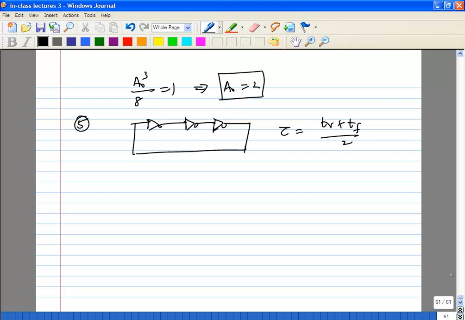You have a rise time and a fall time for each inverter. Your overall time period is going to be 6 tau.